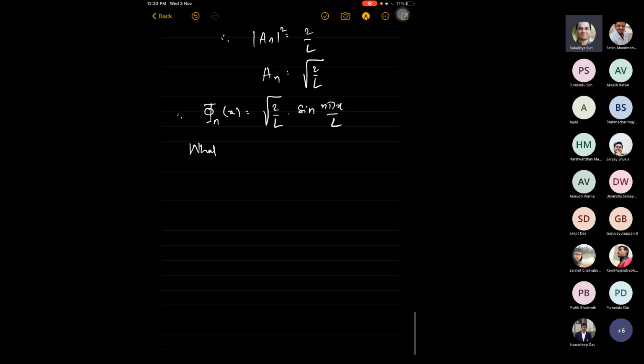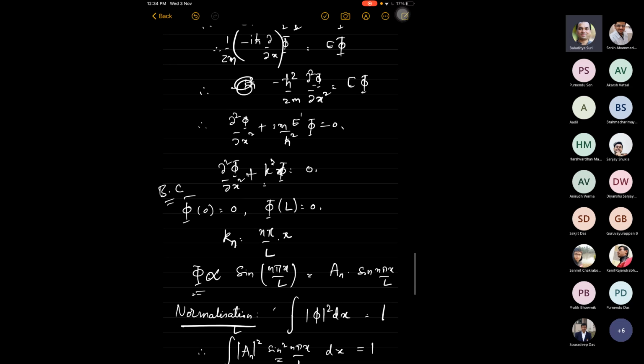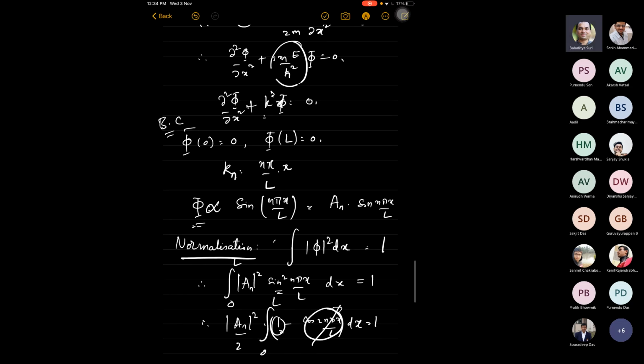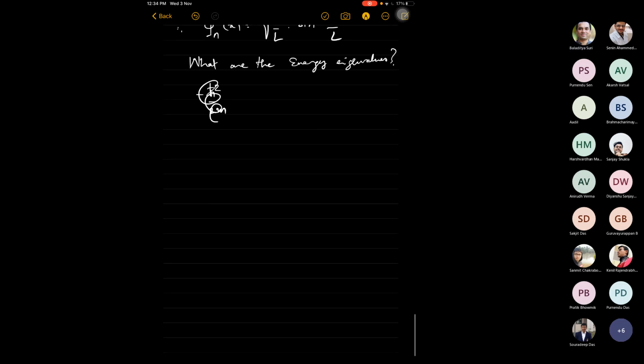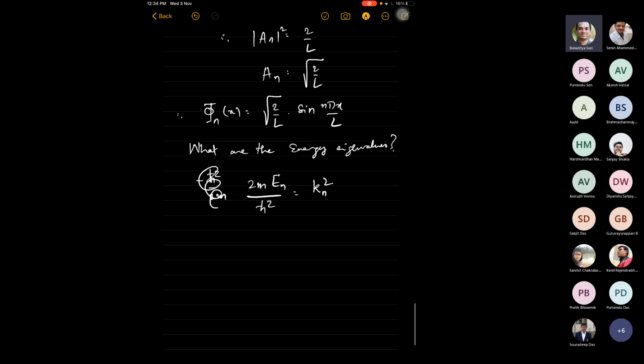Now, what are the energy eigenvalues for this? We take the quantity 2mE by h cross squared. Let us write 2mEn by h cross squared will be kn squared. That is how we wrote k squared.